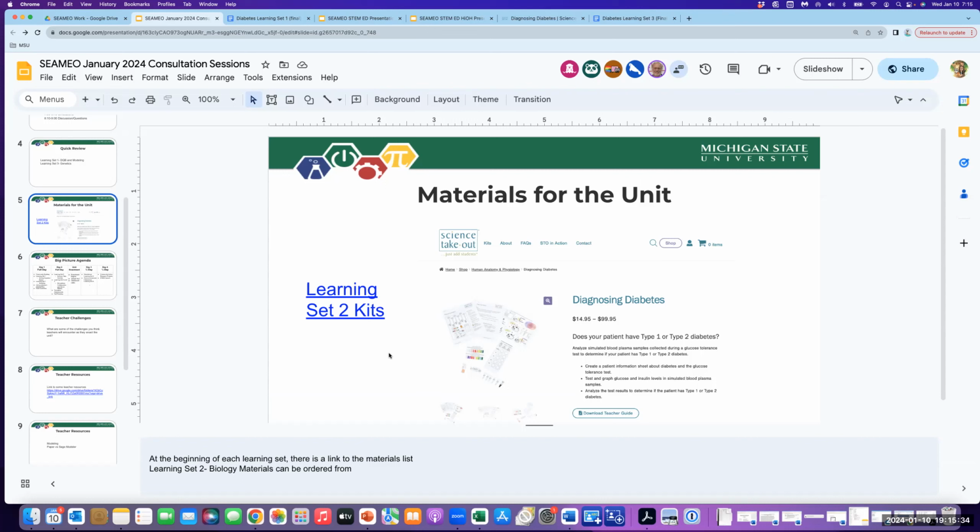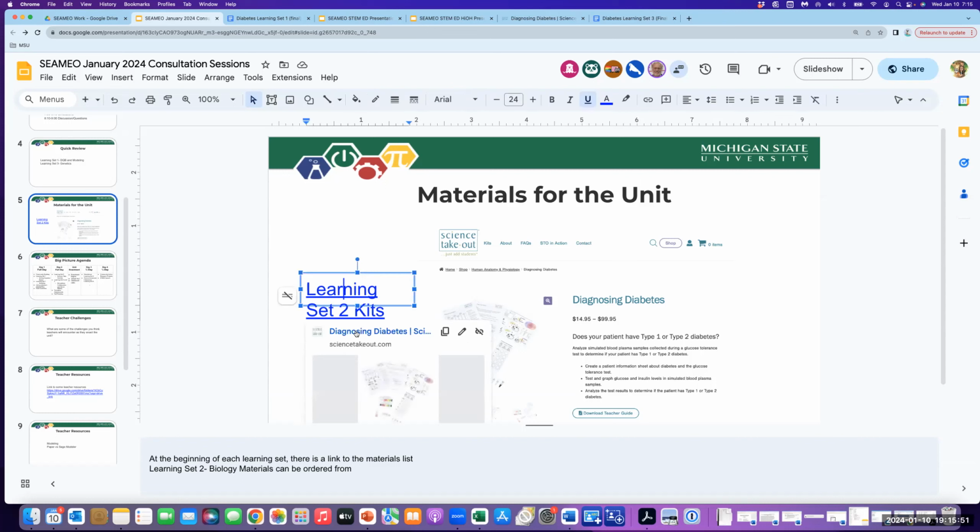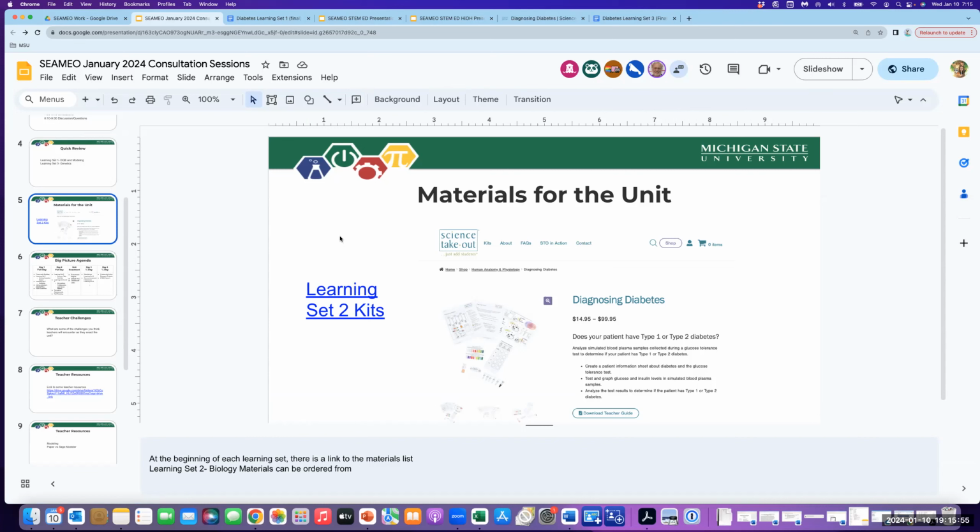I contacted the people from this science takeout kit, and they do ship materials internationally. In our PowerPoint slides, there's a link to that site. I'm not sure how your school or district orders materials, but these materials are able to be shipped internationally.